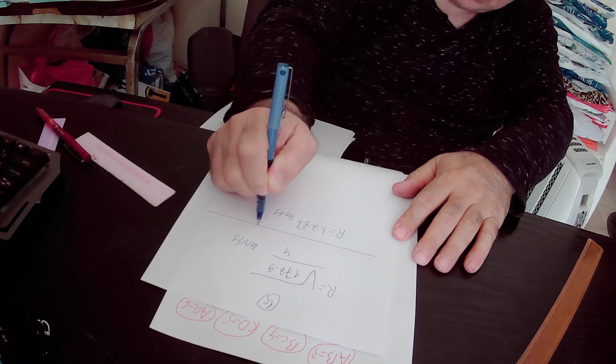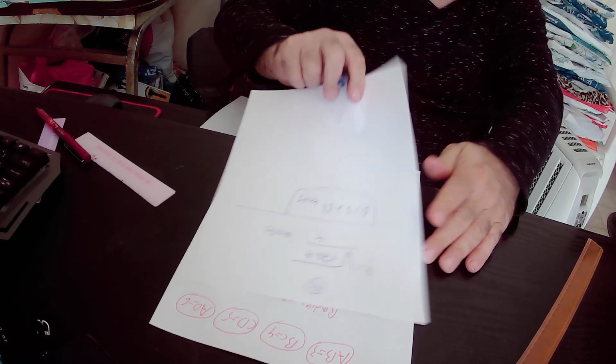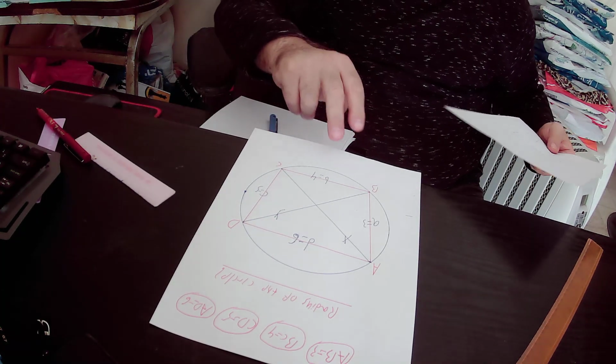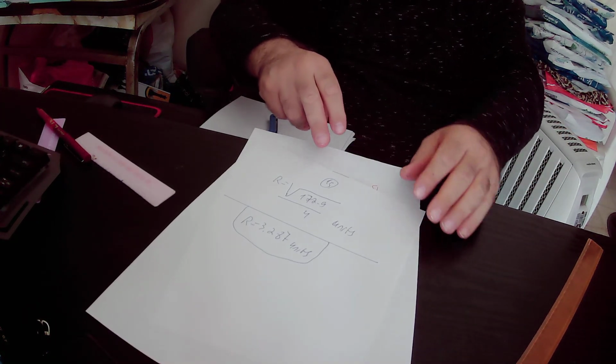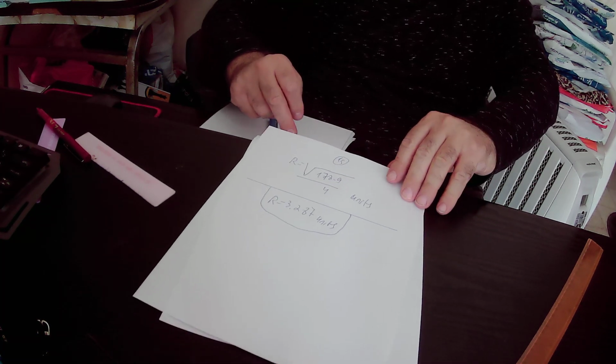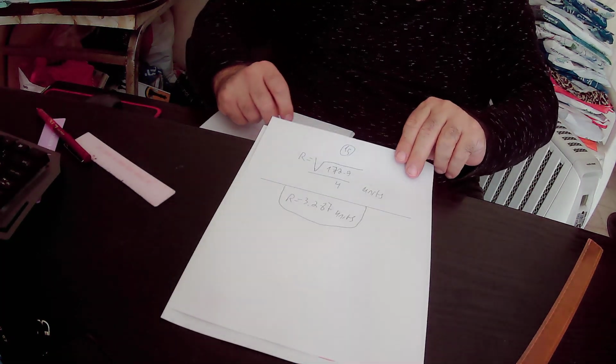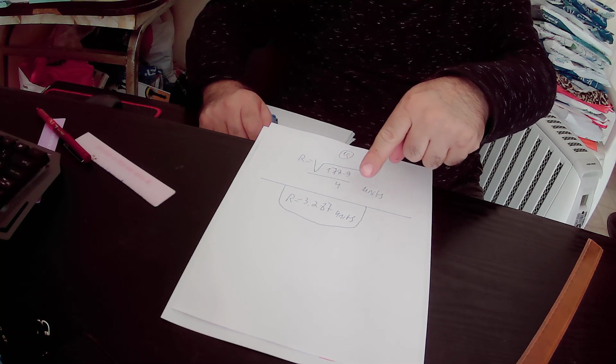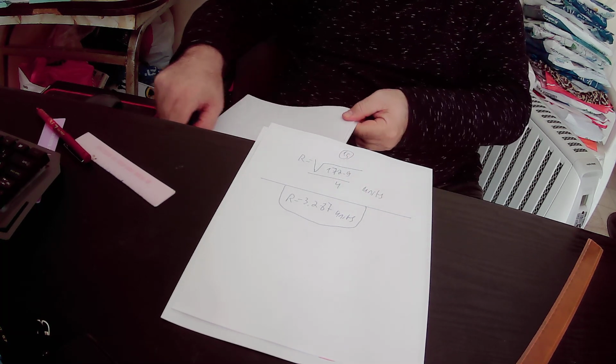Okay, so I repeat again, the radius of this circle equals either the root of 172.9 over 4 units, or in terms of numbers, 3.287 units. That is the answer to the question.